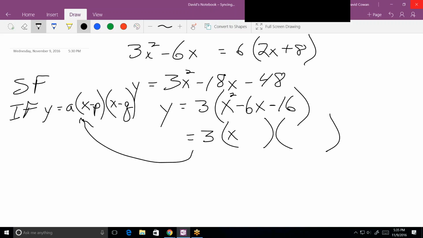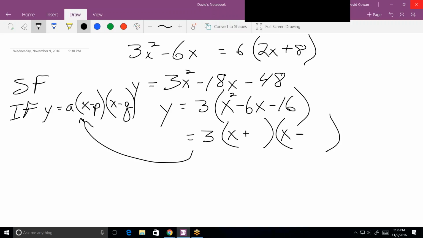Well, okay. I'm going to have an x and an x. What are my signs? They'll both be negative. No, there's only one way to produce a negative 16 when you FOIL something together. And that's if your signs are opposite. Oh, okay. Now what? Now I want factors of 16 that do what?